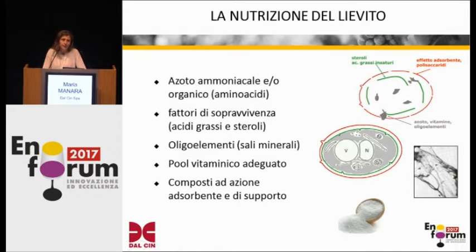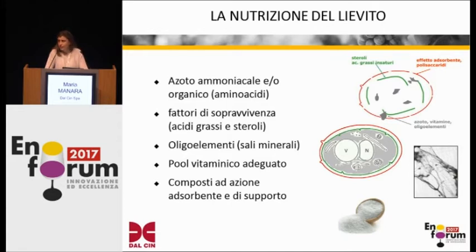We all know that yeasts need a number of nutrients for the purpose of alcoholic fermentation. First of all, nitrogen, which is ammoniac salts, inorganic, and more recently it is organic nitrogen, which means yeast derivatives which provide small peptides, proteins, or free amino acids that contribute to the nutrition of the yeast.